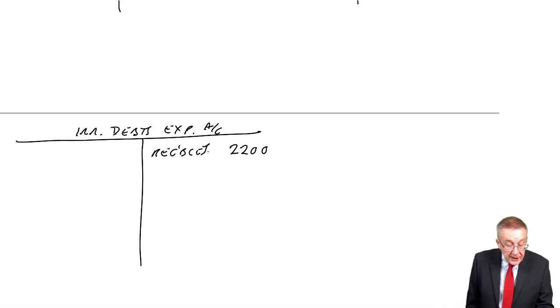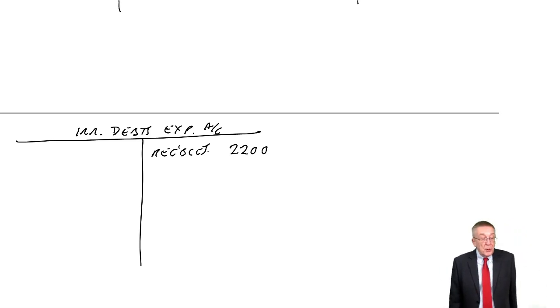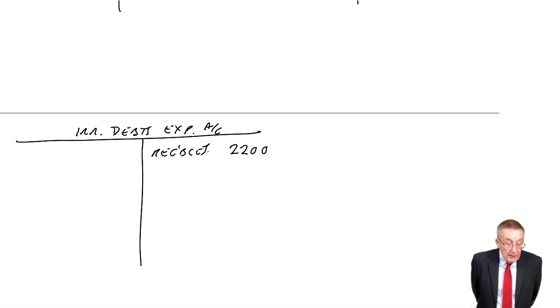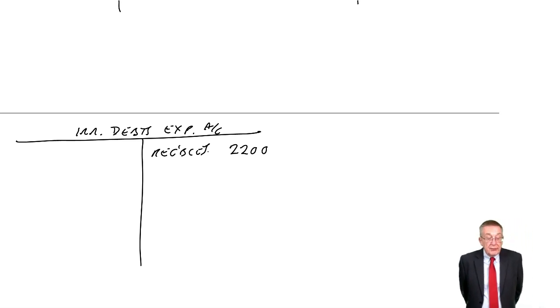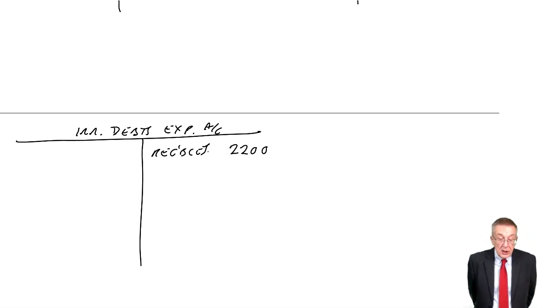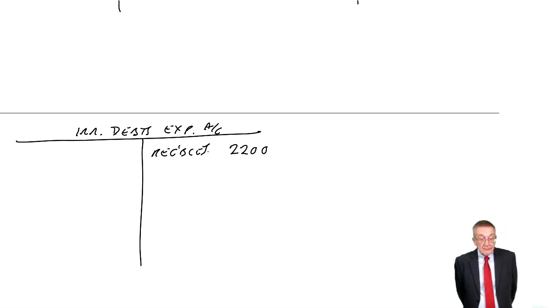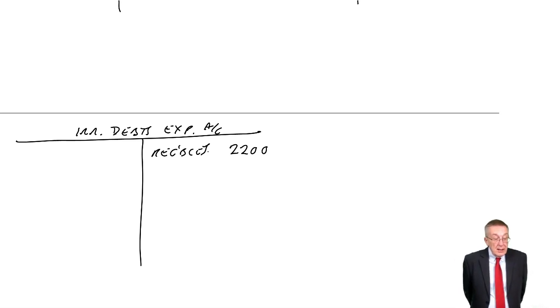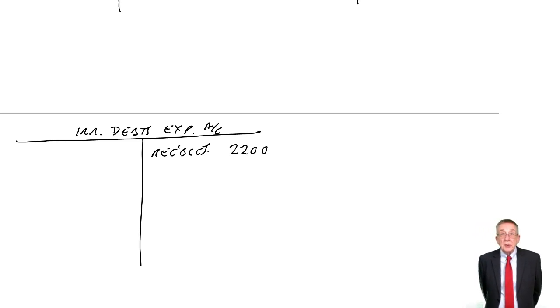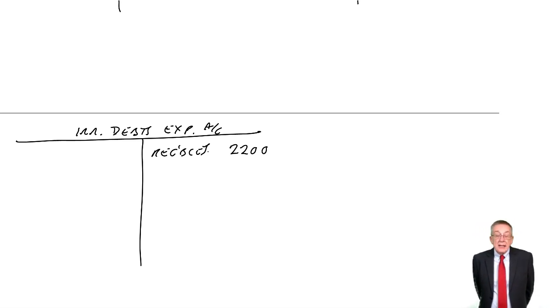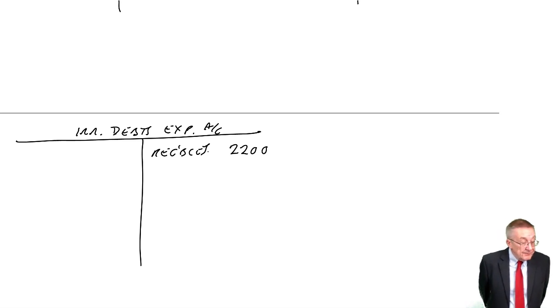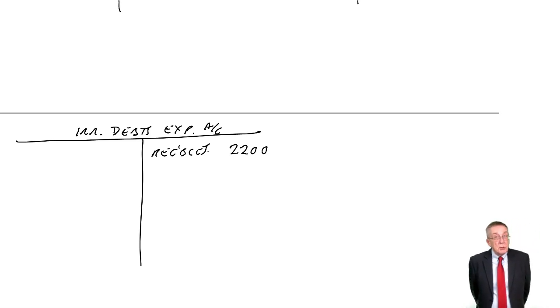Before I leave it though, that note dealt with Paul, but also Anne. The amount received from Anne was included in the total cash receipts for the year. Look at note C. Anne had paid her debt of 2,000 in full. And if you look back to last year, Anne was a doubtful debt.